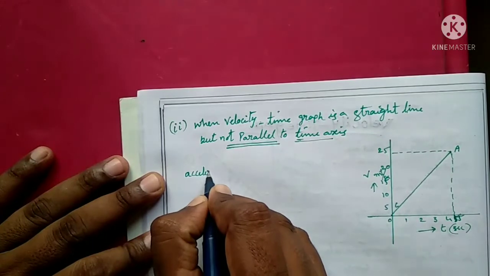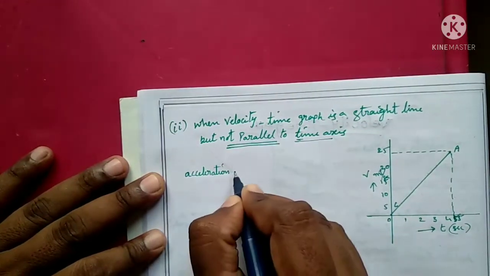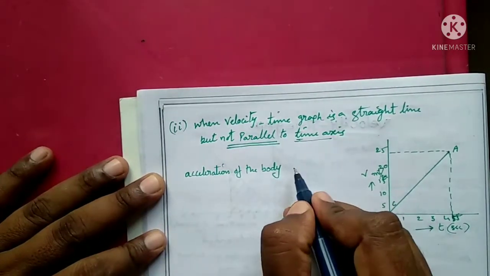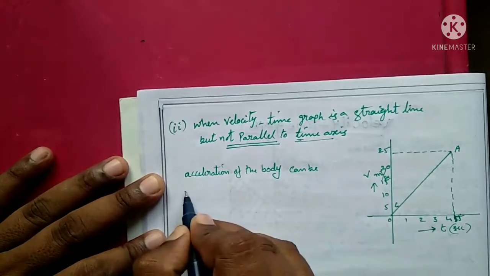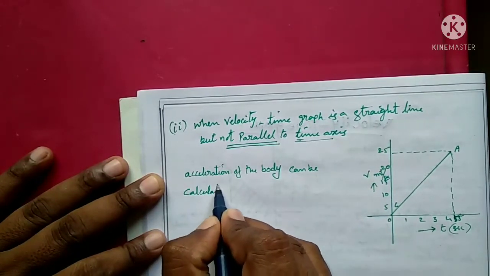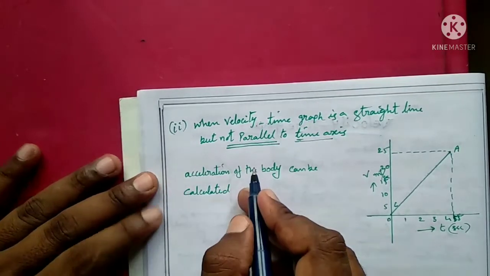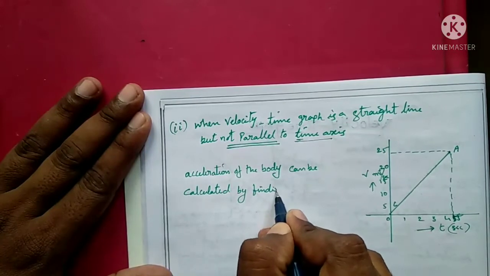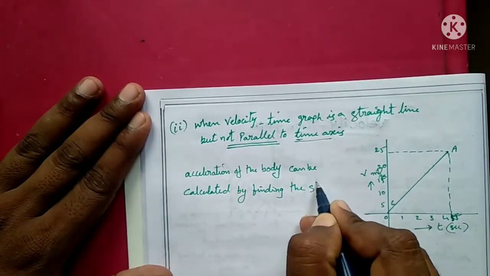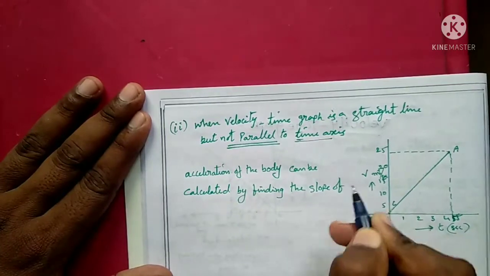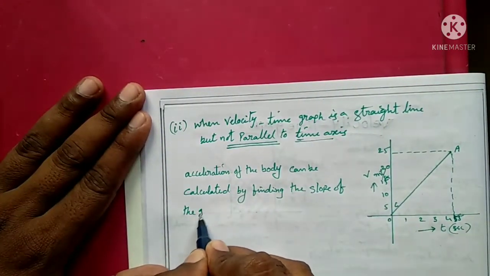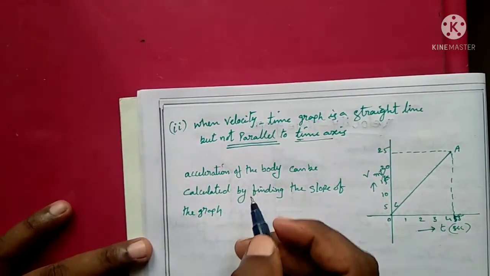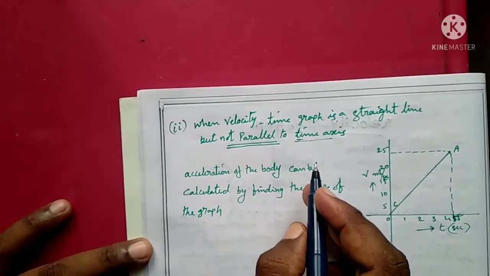The acceleration of the body can be calculated by finding the slope of the graph. That is the graph line of CA.